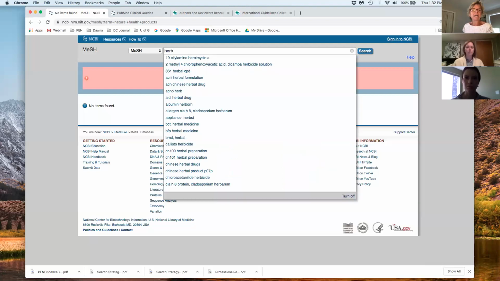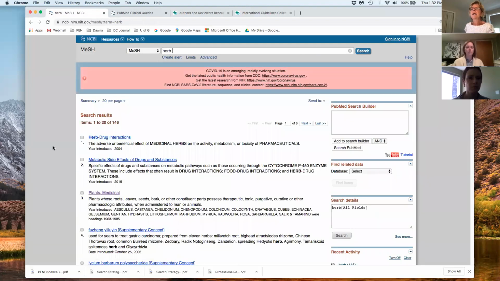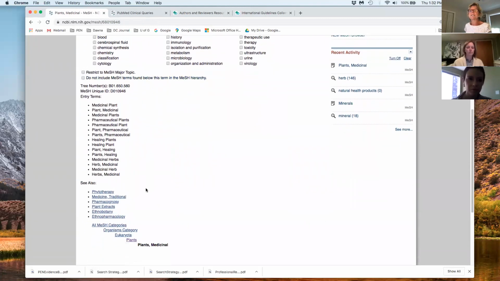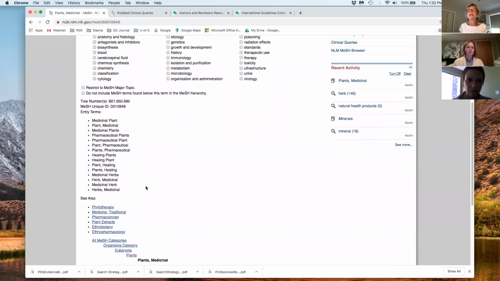We didn't actually look up any herbs, did we? So herb doesn't come up except for herb-drug interaction. So perhaps plants, medicinal would be one to capture something more broad than those specific dietary supplements.